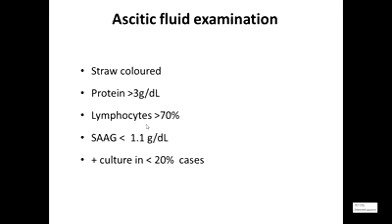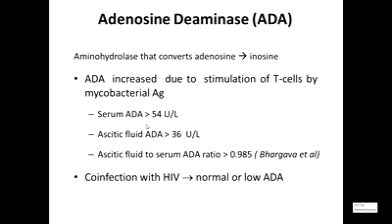Ascitic fluid examination: straw colored, protein content more than 3 grams per deciliter, lymphocytes more than 70%, and culture positive in less than 20% of the cases. The ADA test: adenosine deaminase is an enzyme that converts adenosine to inosine.